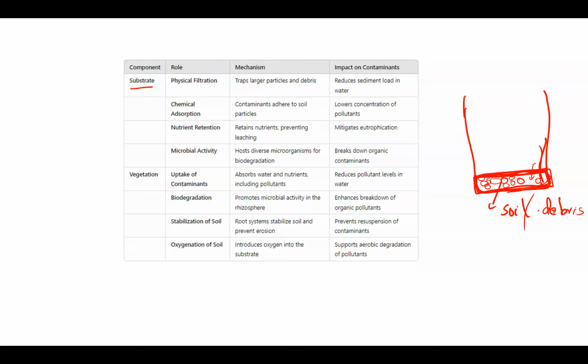Yes, what you said is right. Whatever we apply in the bottom, that can be biotic or abiotic. That can be the home of microorganisms.